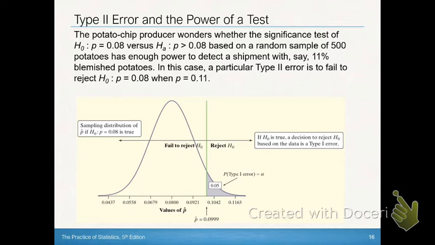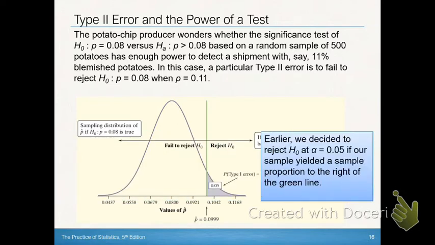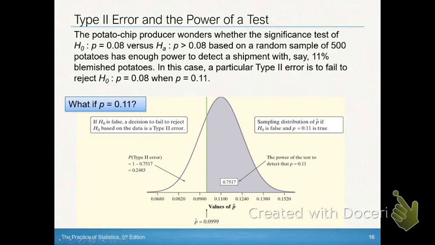The picture you see in front of you is our sampling distribution, considering that the null would be true. We've got the portion shaded, which is our type 1 error. So that's our alpha. And then what we're going to add on top of this is what would happen if it's really 11% blemished. If we put this right on top of this, then what we see is the 75% that's shaded.